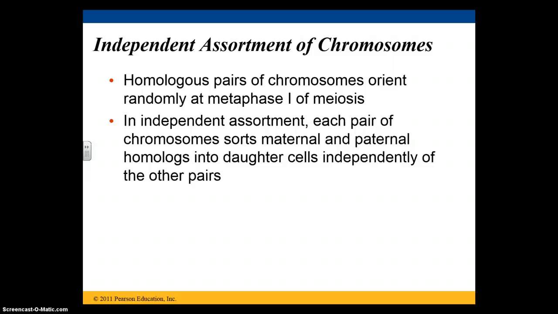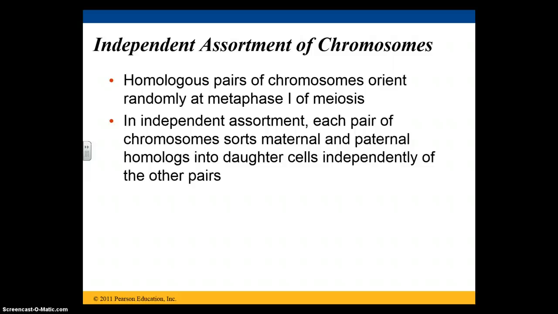Independent assortment of chromosomes tells us that when the chromosomes line up during metaphase 1, when the homologs are lining up, it's completely random how they orient themselves. So it's not necessarily true that all of the maternal chromosomes end up on one side and all of the paternal chromosomes end up on the other side when the cell divides.